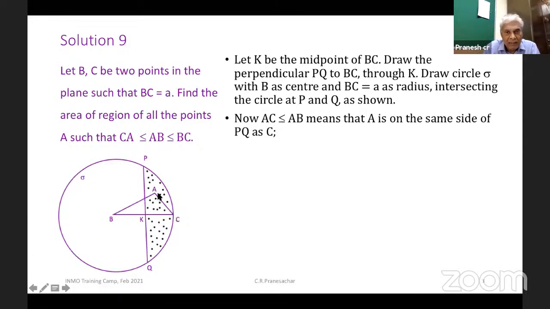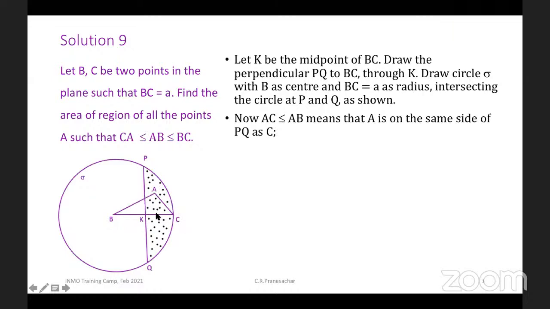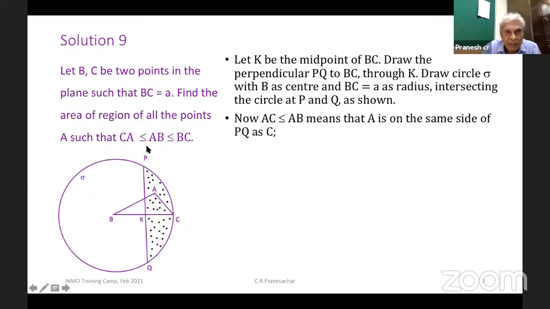And if A lies to the right of the perpendicular bisector, it means AC is less than or equal to AB. Is that okay? So therefore, our point A should lie to the right of the perpendicular bisector. That is what is meant by the first condition. So the first condition, CA less than or equal to AB, means A can lie anywhere in this infinite region.